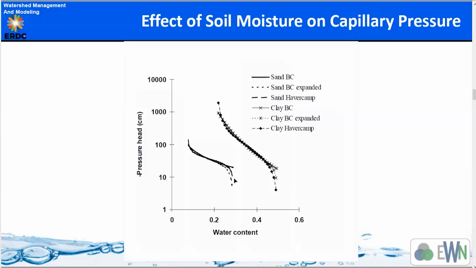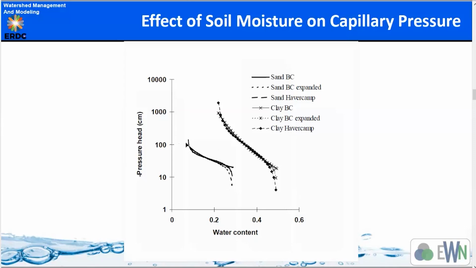The thing that's interesting is that there are orders of magnitude involved in the pressures. In wet soils, the pressure is very low, but in a dry soil the pressures can get very high.